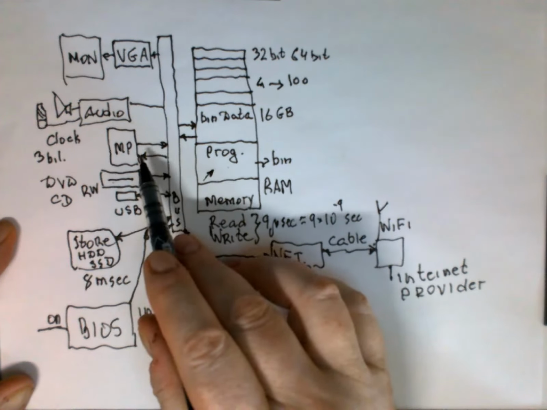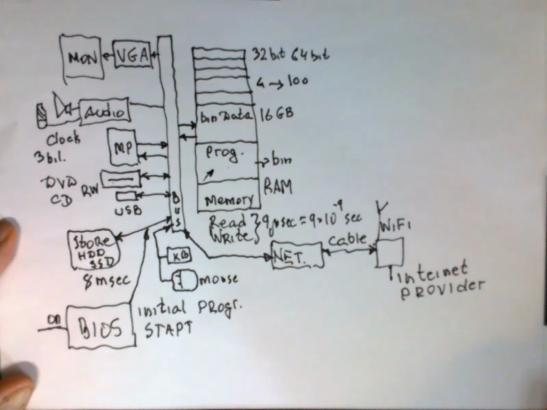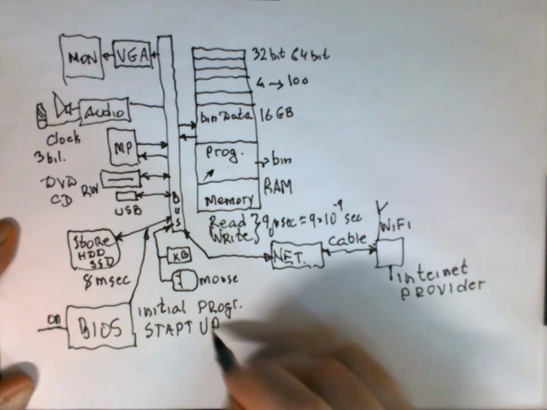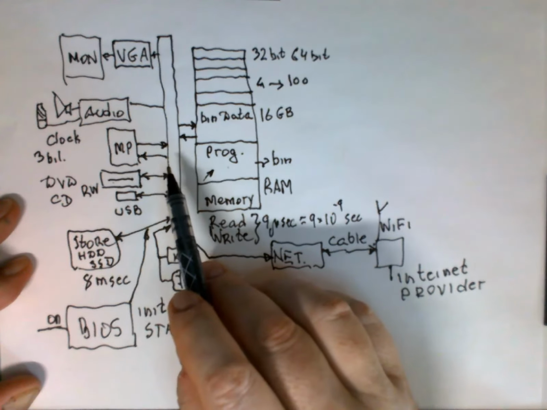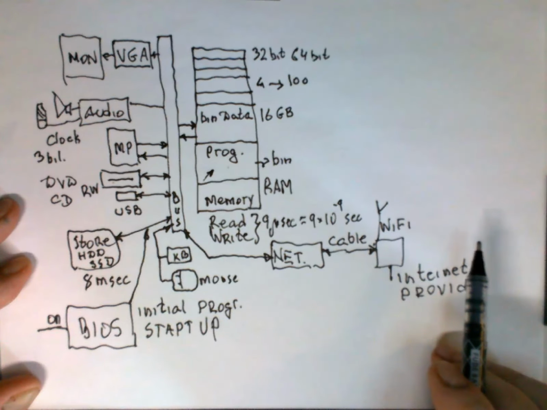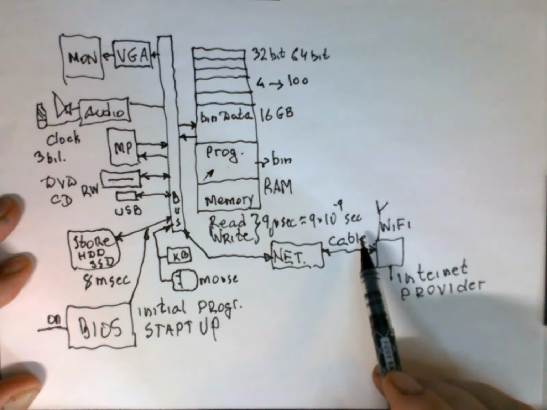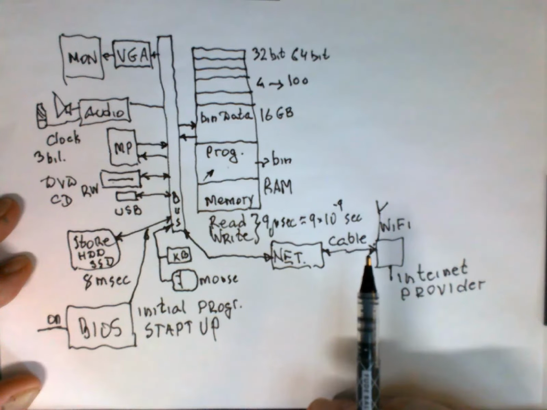Then the bus will inform the microprocessor that the startup program is ready, and the microprocessor will take information from the programming and start doing the first instructions.